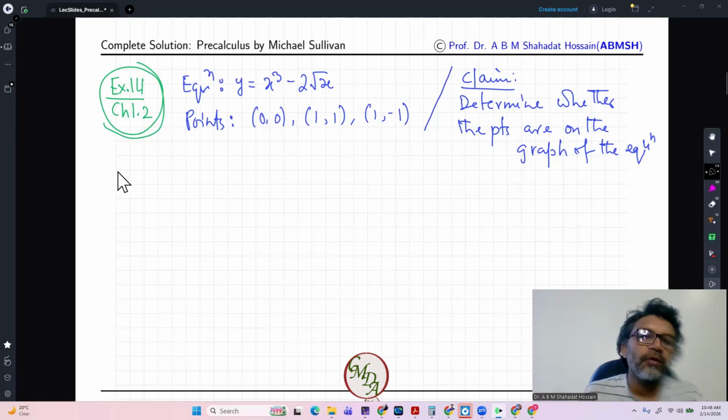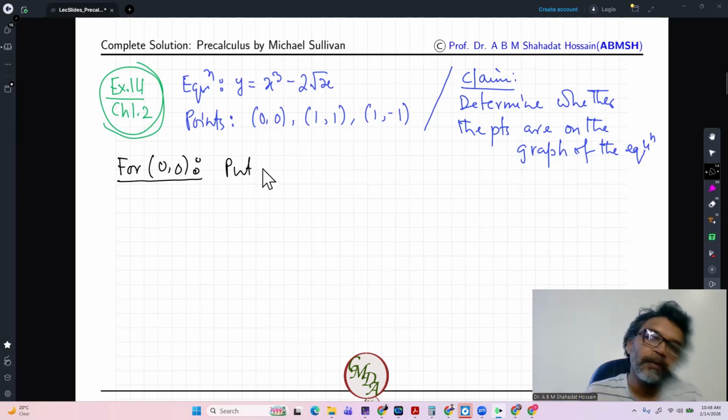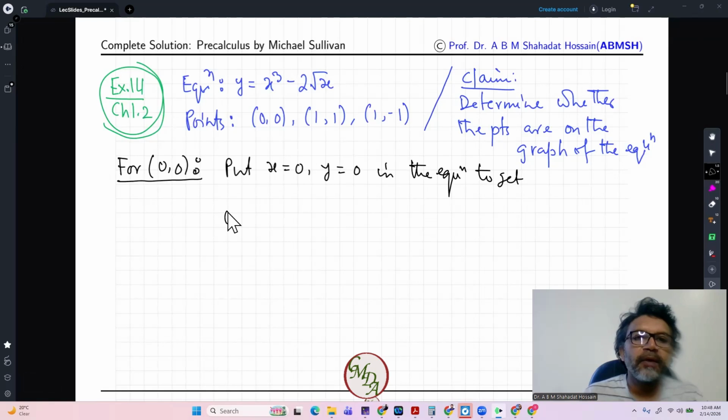For the coordinate (0, 0), we'll check whether it is on the graph or not. We put x equals 0 and y equals 0 in the equation. Left side y is 0, right side is 0 cubed minus 2 times root 0. Clearly this result is 0.